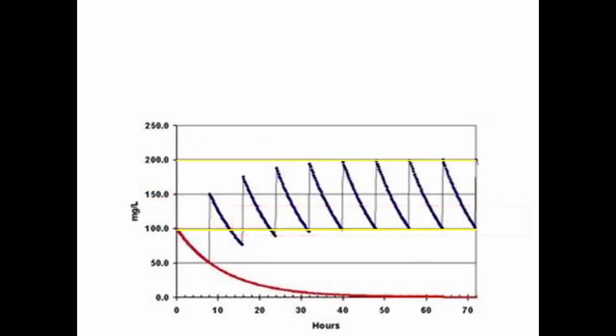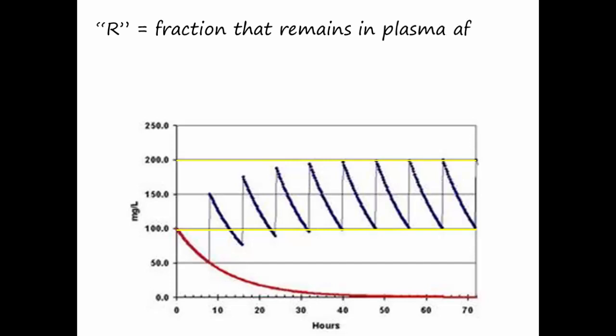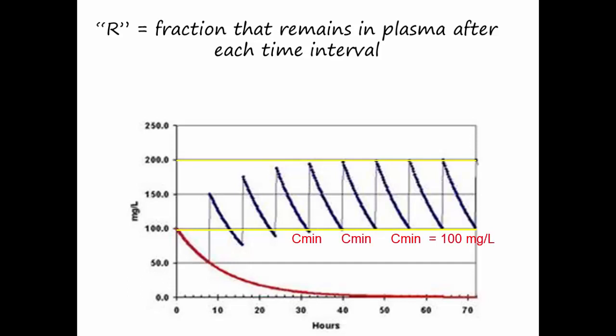dose. Now another way of calculating the accumulation factor is by calculating the fraction that remains in plasma after each time interval, which is what we're going to call arbitrarily R. In this case, R would be the minimum concentration at the end of the interval, which is 100, divided by the maximum concentration at the beginning of the interval, which is 200.